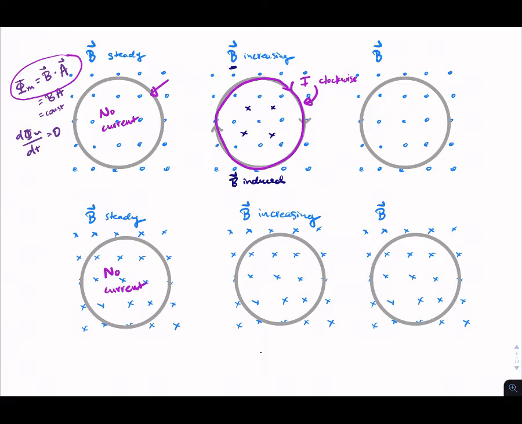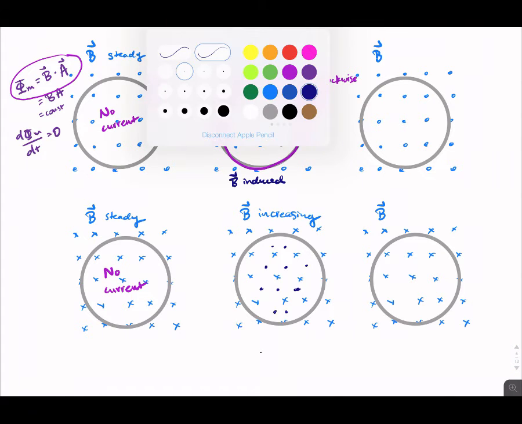So if we started with a magnetic field of 5 and it's going to 6, 7, 8, 9, then you're going to want this counter field that comes out of the page, right? So it's going to point out of the page. And if we have a magnetic field induced that points out of the page, using the right-hand rule, we point our thumb out of the page and we curl our fingers with our right hand, and that will be counterclockwise.